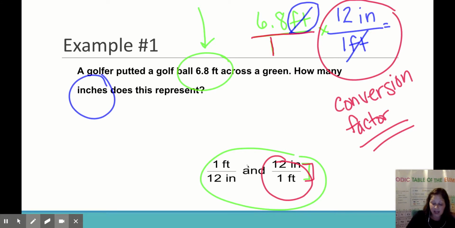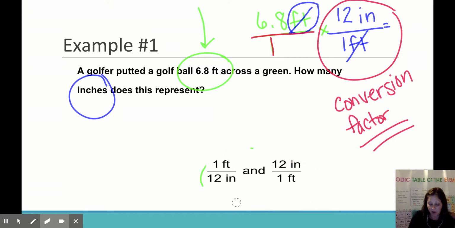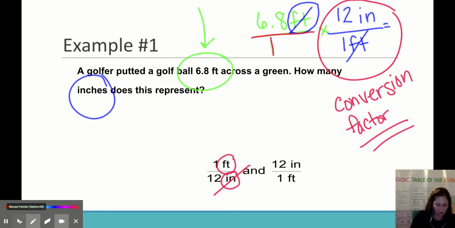Then we would decide between two different versions of the conversion factor, and we are going to use the one where the numerator has the unit that we want and the denominator has the unit that we're trying to cancel. Then we just go through and do our math the same way that we always do math. Multiply across the top, multiply across the bottom, simplify by dividing.